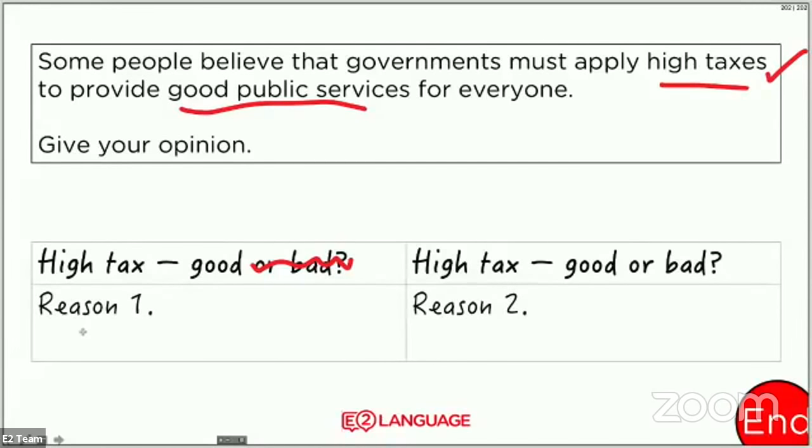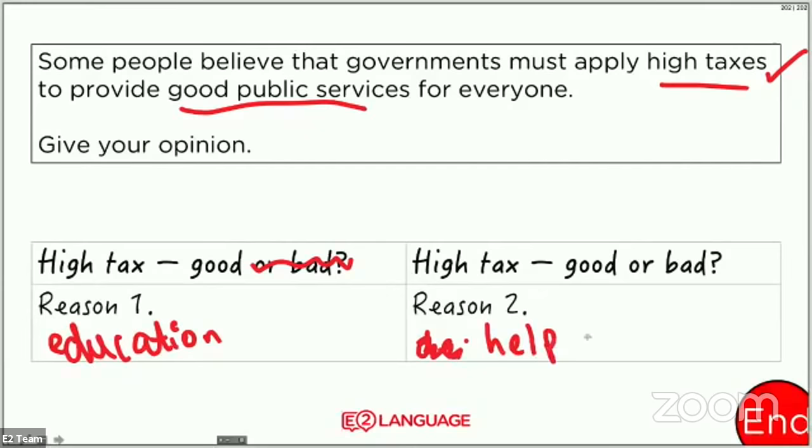Reason one is good education, okay, schools. Money can be poured into schools and that will increase people's education, decrease unemployment, whatever. That's another one. Well, I might say that high taxes will decrease unemployment, or let's say help the unemployed.